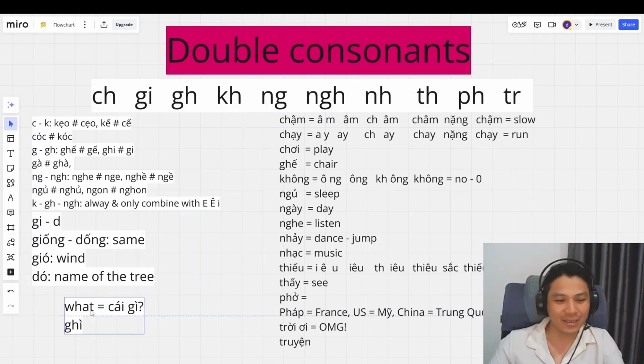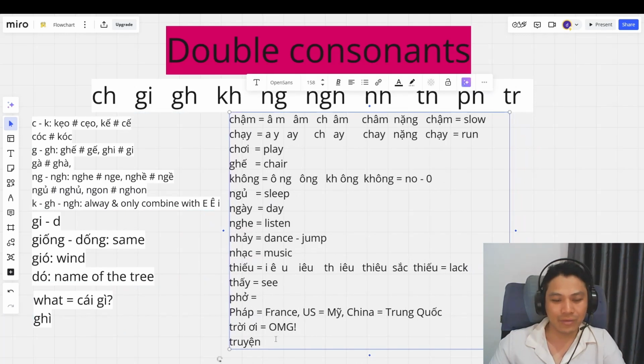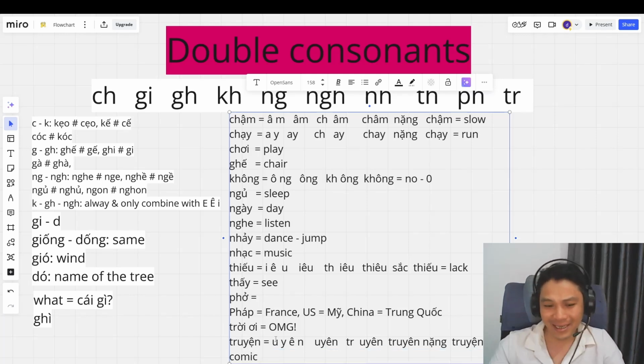We're gonna use the spell to speak this word, all right? This word we're gonna say u, ê, n, and then combine all of them. Uyên, and then trờ, uyên, chuyên, nặng, truyện. It means like comic, all right?